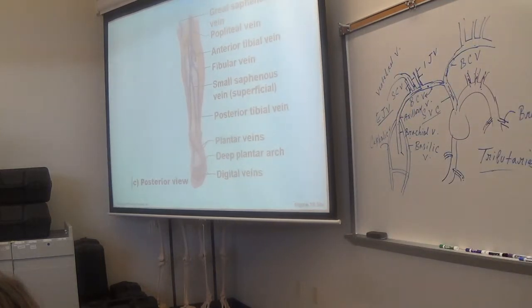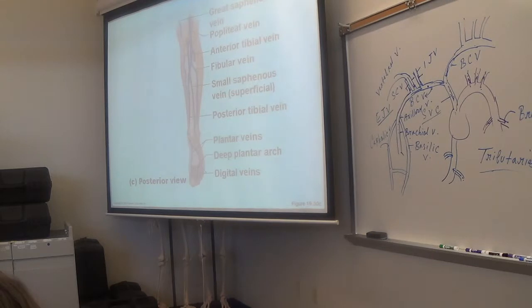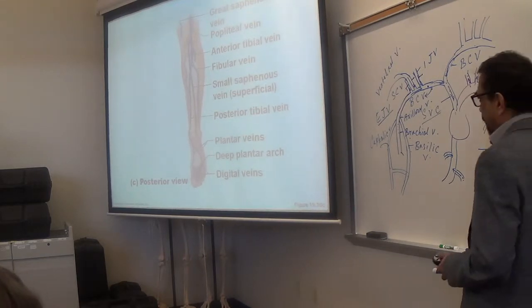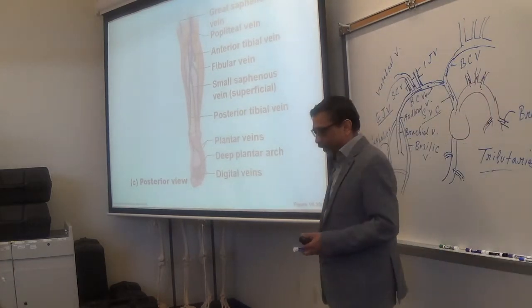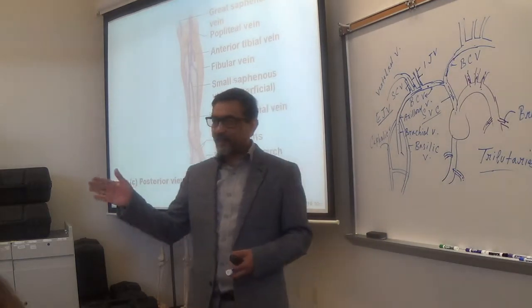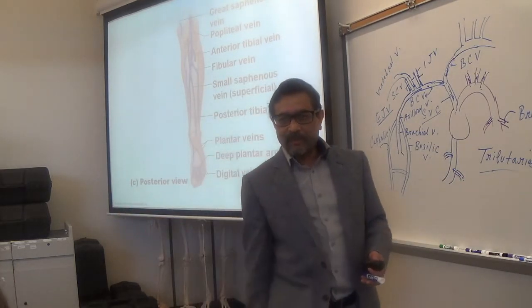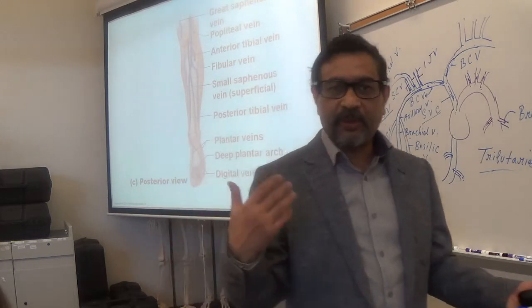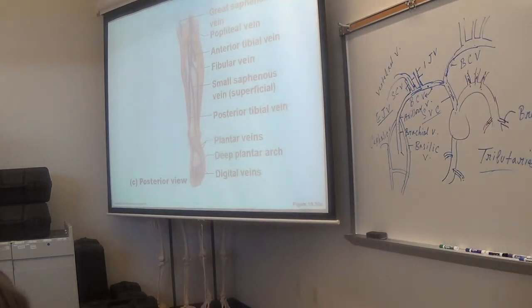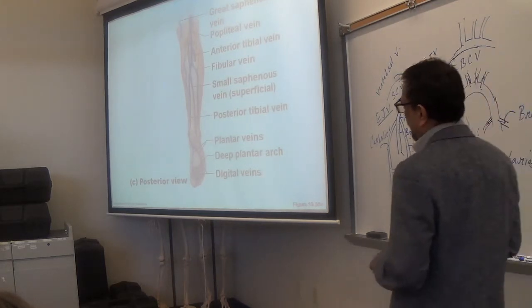Some are the same as the arteries, like anterior tibial artery, posterior tibial artery, fibular artery. Those are also present in the arterial system, right? Named after the bones there. Anterior tibial, posterior tibial, and fibula. Which is different? Small saphenous vein. In the arterial system, you don't have that.